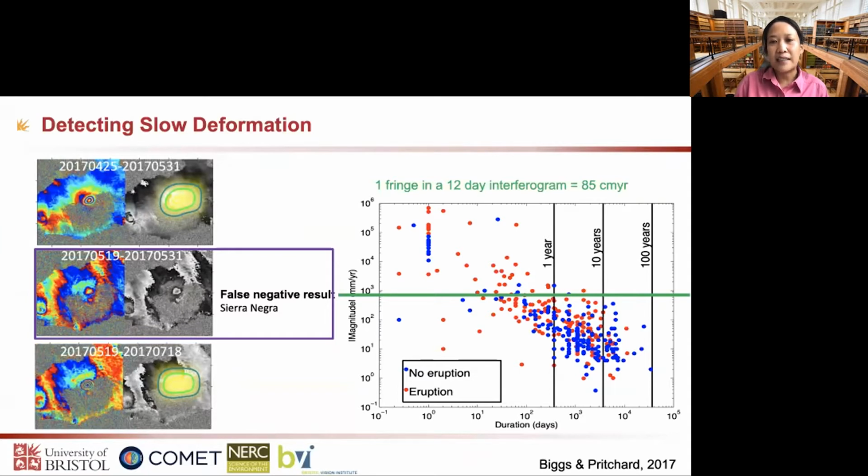This also implies that if volcanoes are moving very slowly, the number of fringes shown in the interferogram is too few, so the current CNN cannot detect them. From the plot on the right-hand side, most volcanoes, however, are moving at a slow rate. So they are below the threshold of detection, like below the green line seen in this plot.